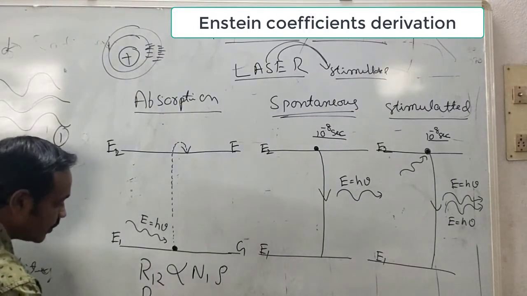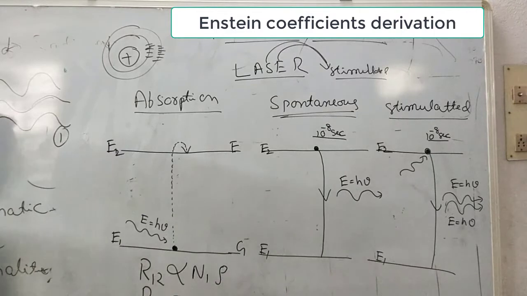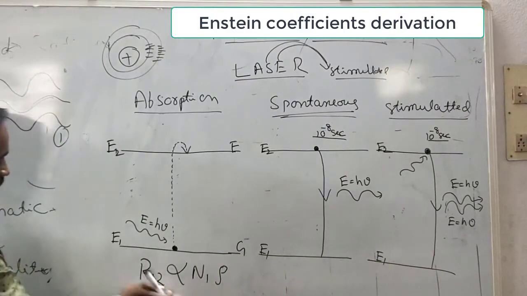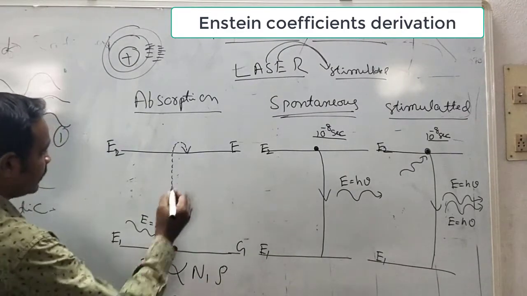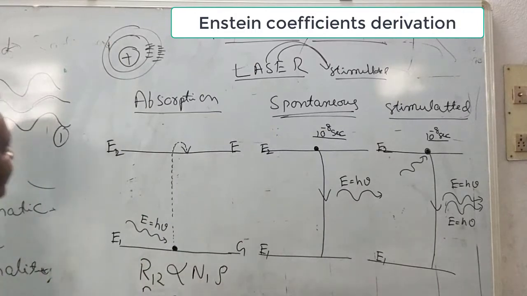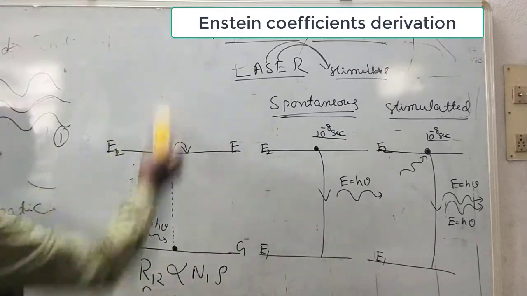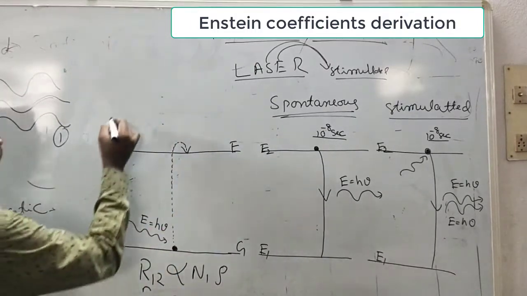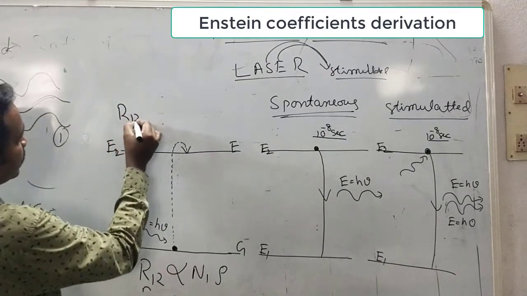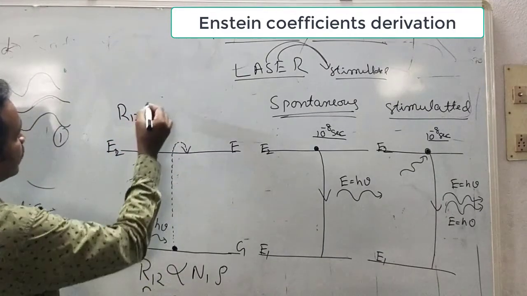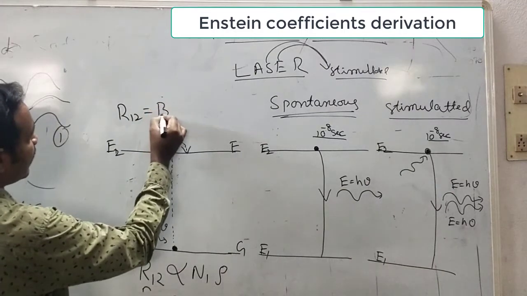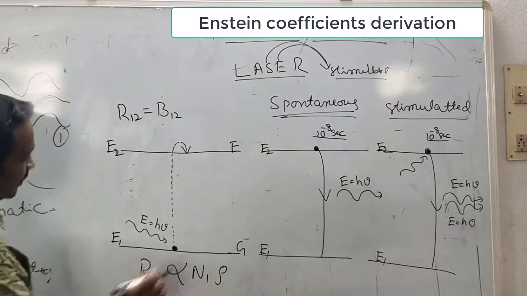Now R12 is equal to some constant times N1 into rho.